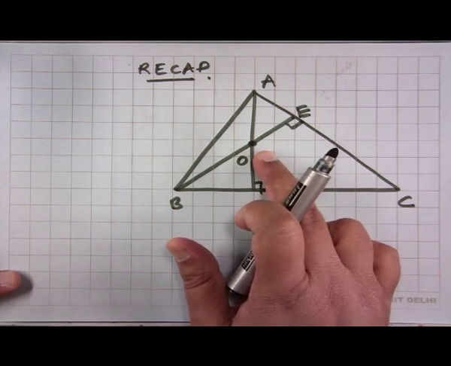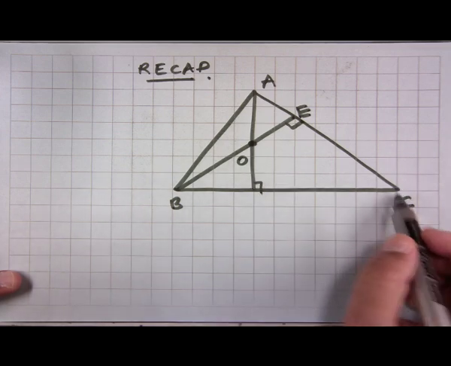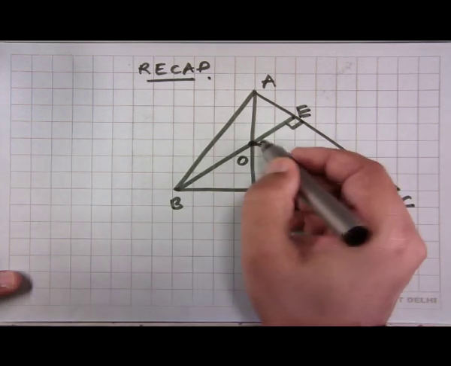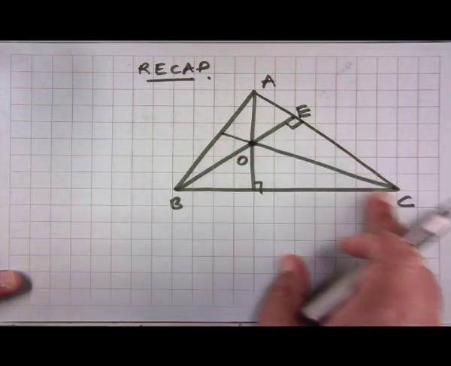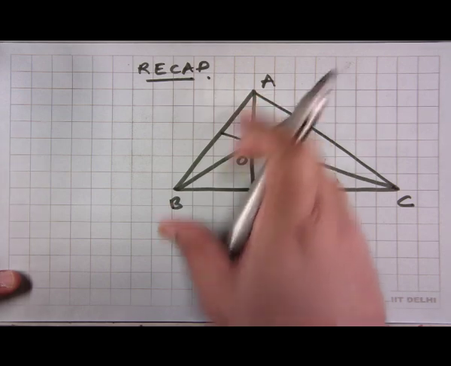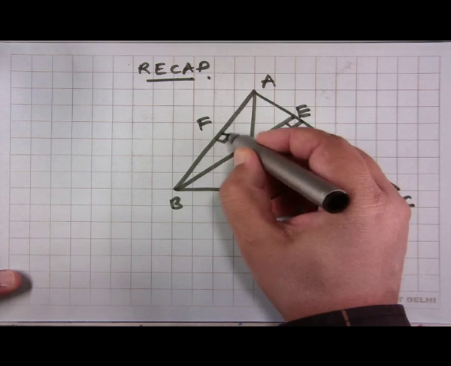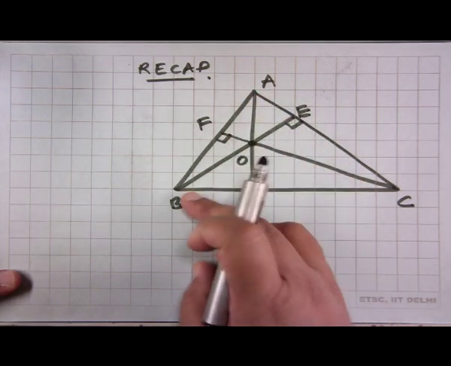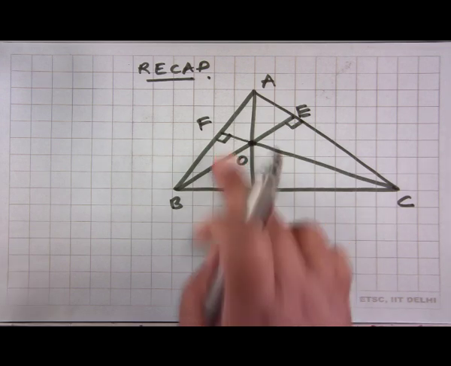And we had also shown that if we connect C and O by a straight line, and if we extend this straight line further, then this line meets the side AB at a point F in such a manner that this line CF is perpendicular to AB. And this we had proven in the last lecture.